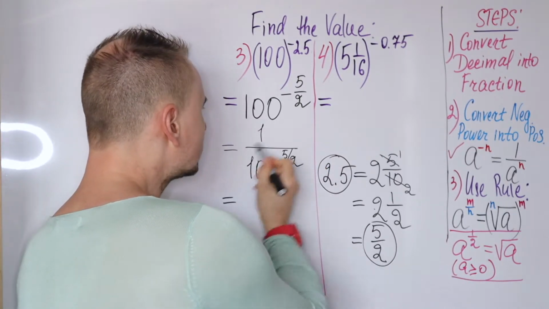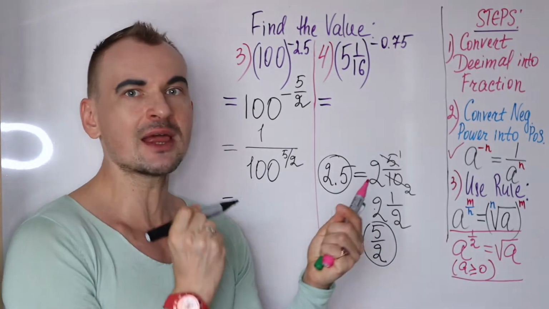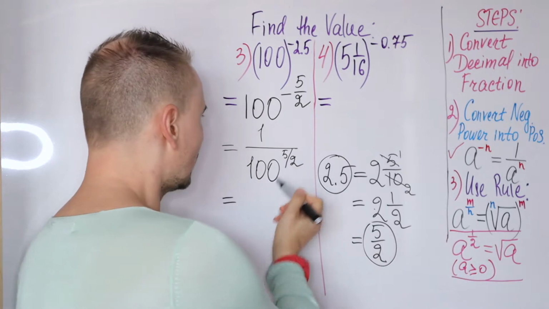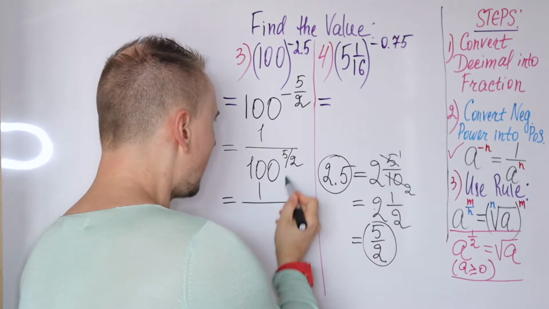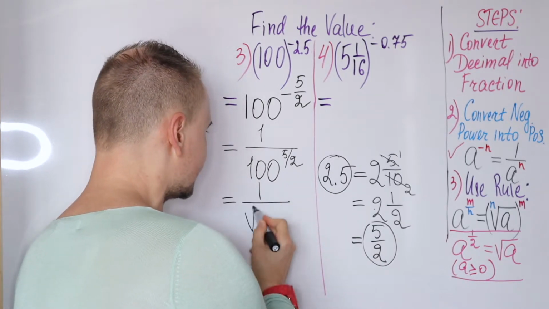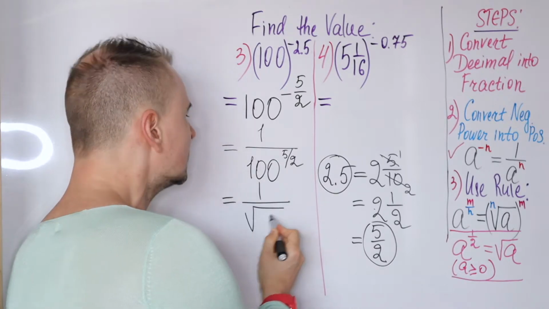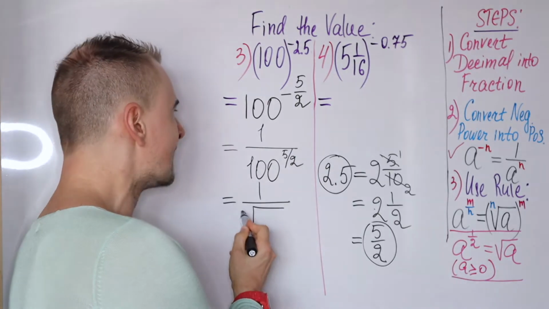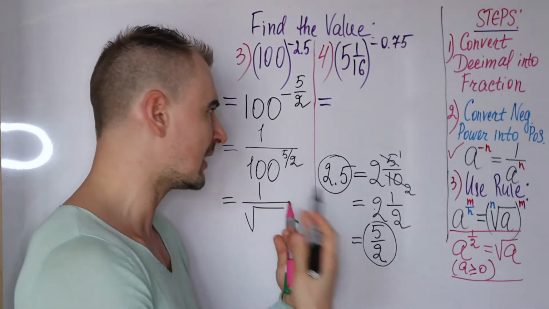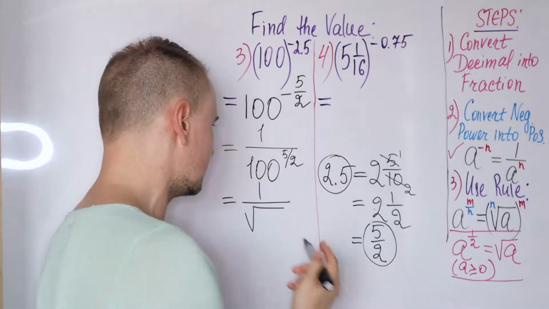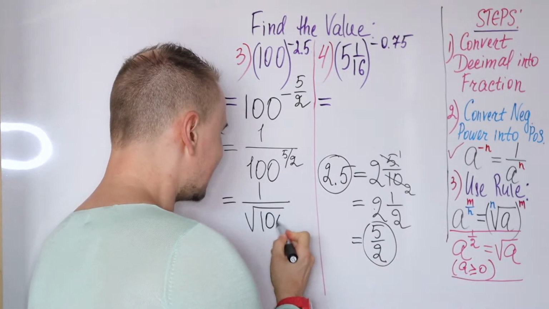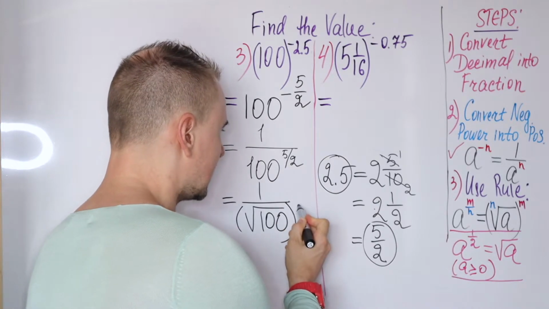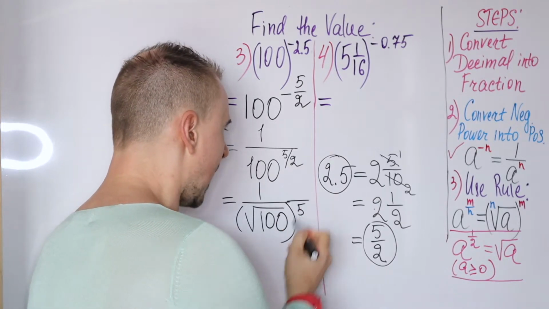And at this point, you want to convert this fractional exponent, this fractional power, into a radical form. So 1 you keep on top. This 2 becomes the index for your root, the square root to be precise. Since we don't write the 2 explicitly, it's understood to be 2. So 100 goes underneath your root symbol, and this value is raised to the 5th power.